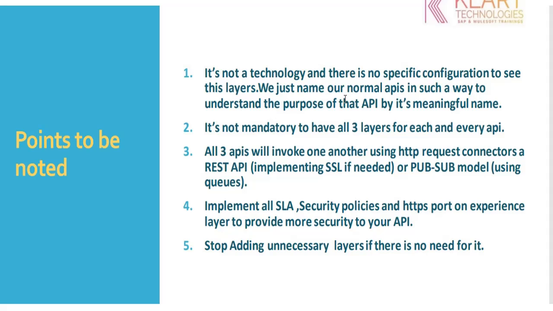Why? Because, for example, if one integration needs to get the data from the system as it is, then there is no business logic and no transformation. So what layer can we avoid here? Business logic and transformations reside in the process layer, so we can avoid the process API. We can directly implement the experience API on top of the system API, and expose that experience API to the end users. In that way, we can eliminate the process API.